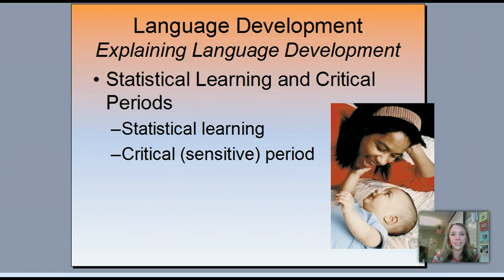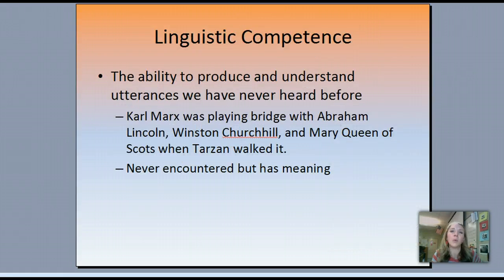And the very last, I think I said this before. I remember I added one more slide. This is on linguistic competence, and it's not in your book, but it's in my AP book. And so linguistic competence refers to the idea that we're able to produce and understand things that we've never heard before. So to be competent linguistically would be to say that I can hear a sentence or see a sentence I've never seen before, and it still makes sense.